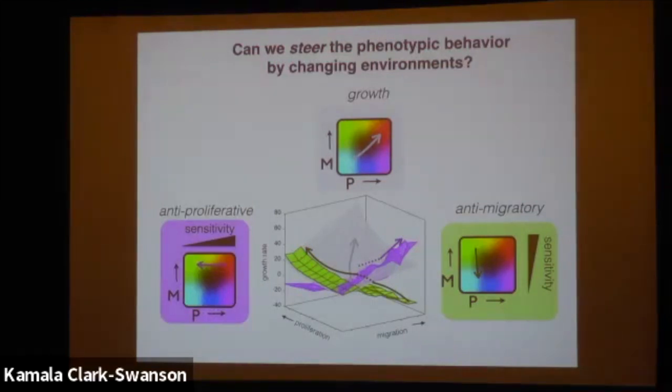But with heterogeneity, there is movement because there's selection, and there are spatial differences, especially when we're looking at migration and proliferation. So that's what I wanted to consider here, and the movement through this space. Oh, and avoiding that little area right there that is completely untargetable, that's always above a positive growth rate, it never gets negative.